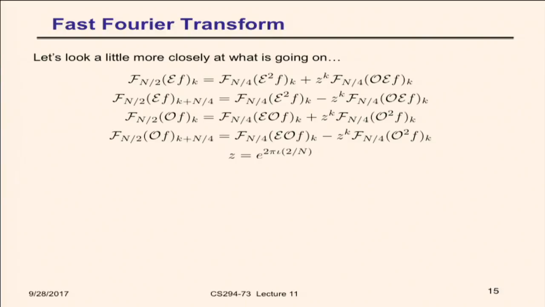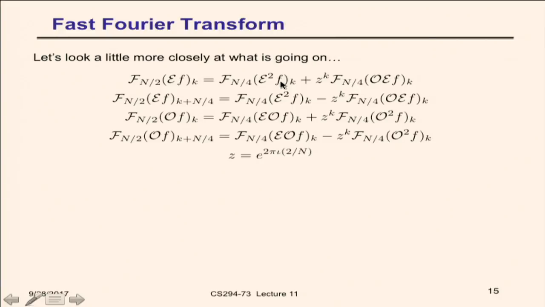So let's go back and look a little more closely at what's going on in the fast Fourier transform in Cooley-Tukey for the case where we have a power of 2. So let's drill down. We said, okay, we're going to call f at n over 2 on the evens and odds. What does that mean? If we're doing this recursively, f of n over 2 on the evens is f of n over 2 on the evens of the evens.